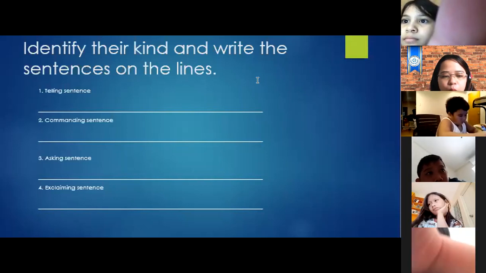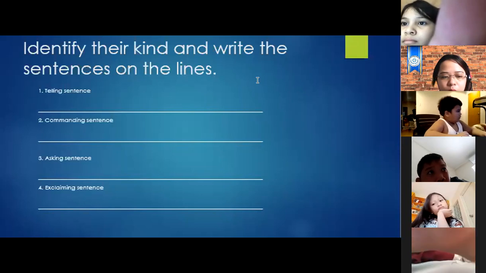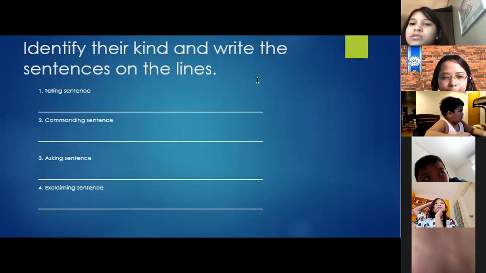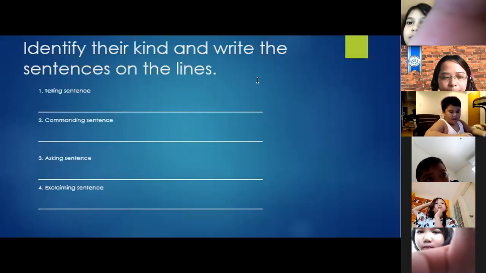Command. Tell somebody to do something. You can open the door.